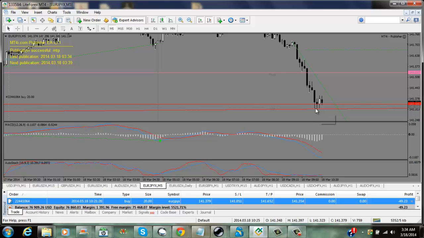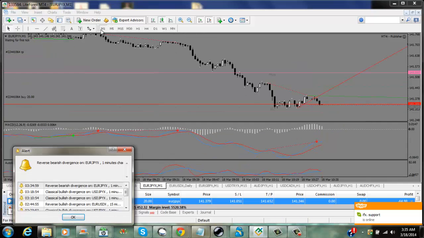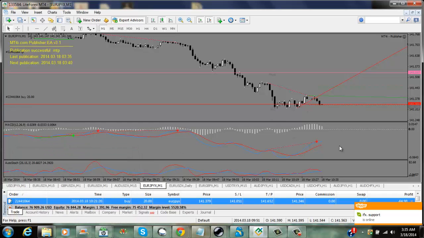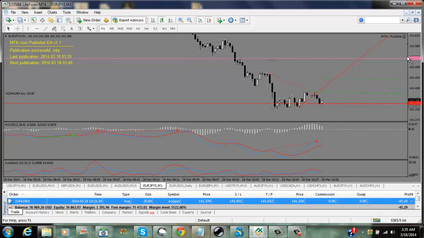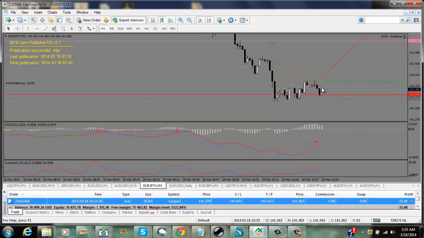So here we can start to see the formation forming, and here is the divergence that I was talking about, coming in right here on the histogram, attempting to form. And if we go to the 1 minute, from a 1 minute perspective, the chart is showing consolidation and attempting this reversal here, folks.